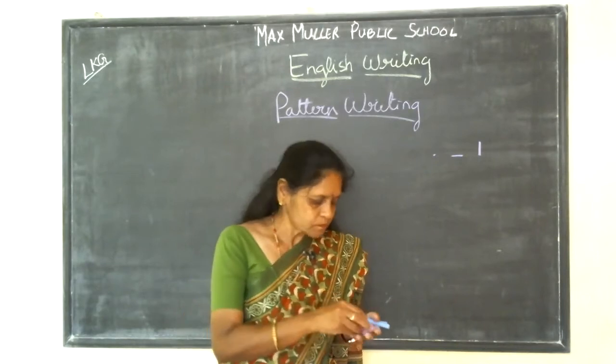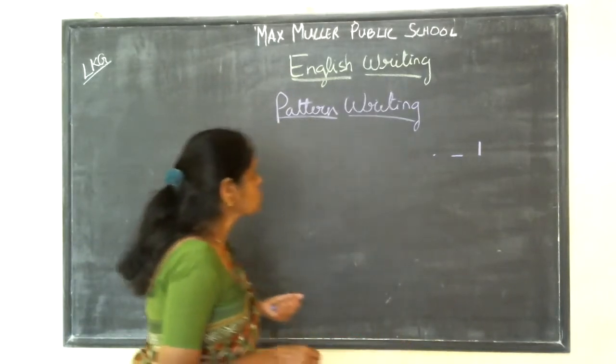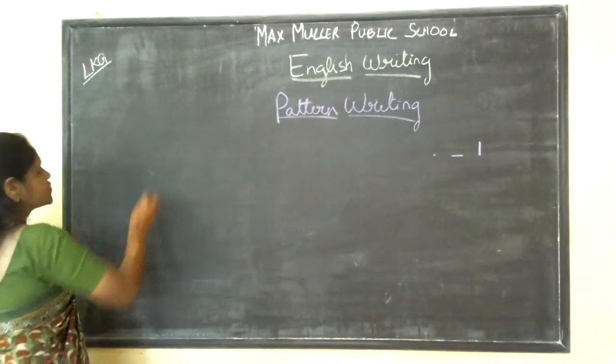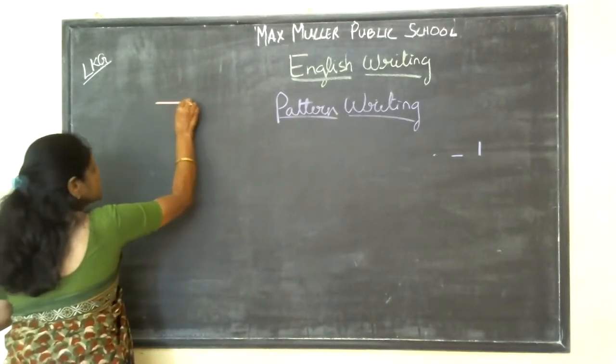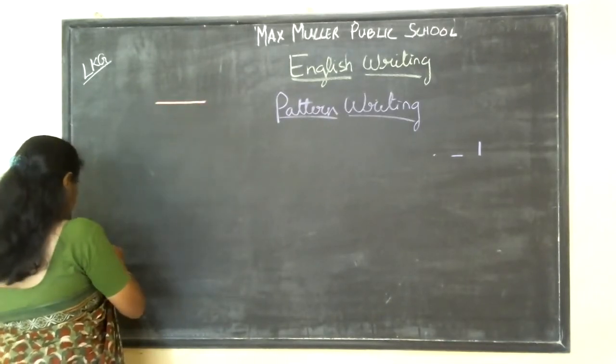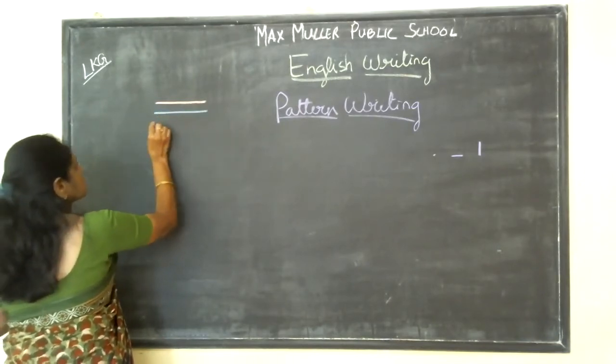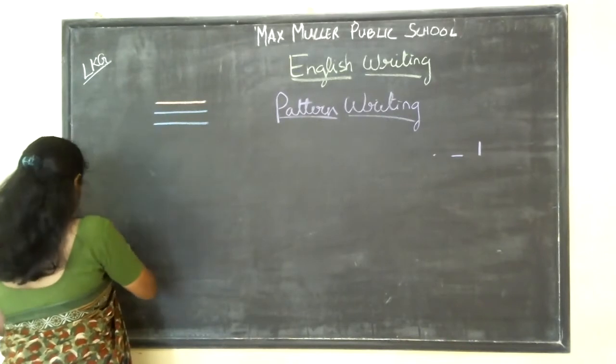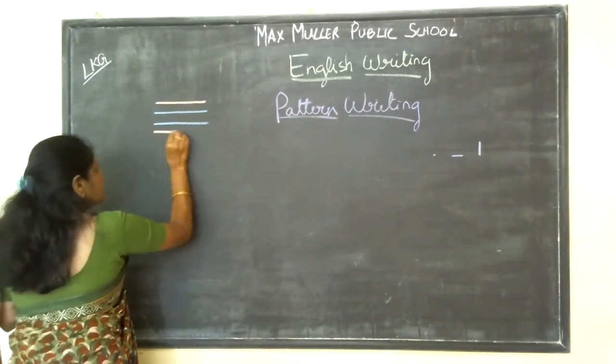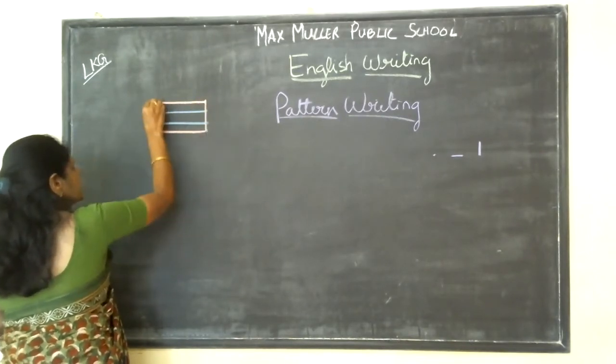Okay? So I first draw. So how will I teach you last time? How did I teach you? First, red line, blue line, red line. Okay, children?